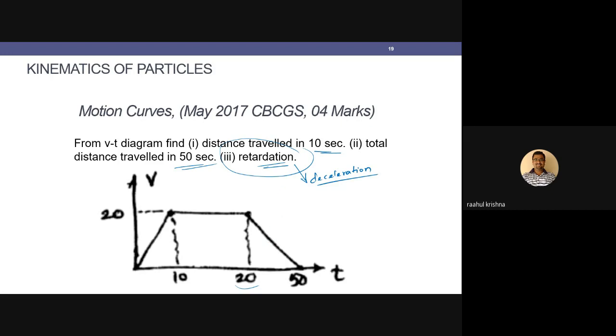Firstly, I was supposed to find the distance traveled in 10 seconds. The graph given here is a velocity-time graph. So from the VT curve, how do I find the distance? The area under the curve for that particular region.